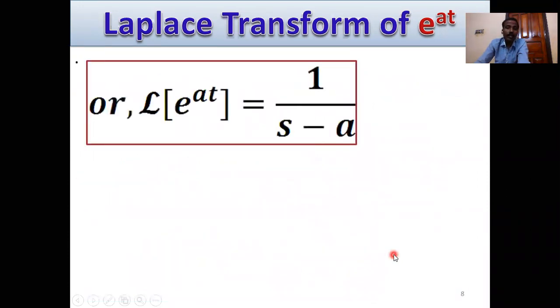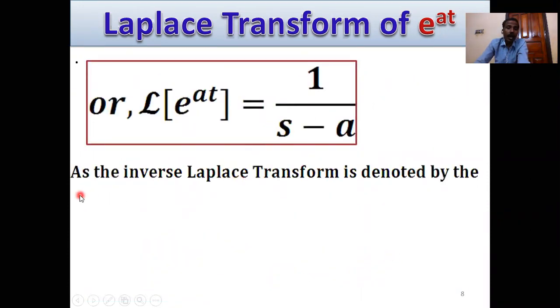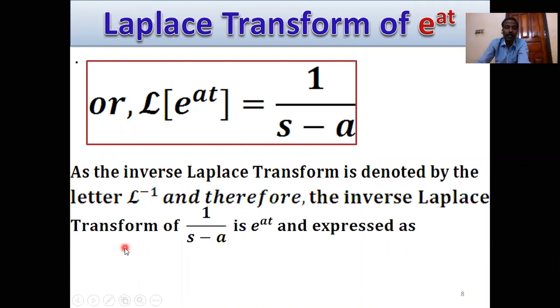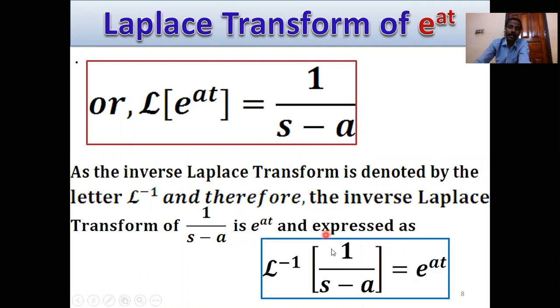And what is the inverse Laplace transform? The inverse Laplace transform is denoted by L inverse, and therefore the inverse Laplace transform of 1 by (s minus a) is e to the power at, expressed as inverse Laplace of 1 by (s minus a) equals e to the power at.